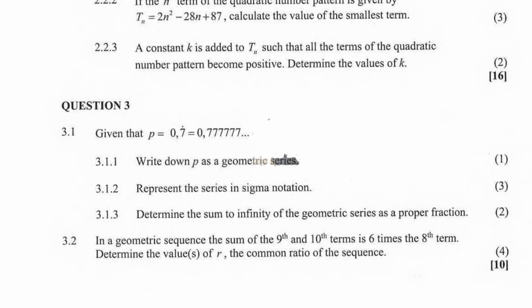All right, now we are on question 3. Question 3, we have 3.1, which says that we are given that p is equal to 0.7 recurring, which means it actually recurs, and that is equal to 0.777777. So 3.1.1, write down p as a geometric series.